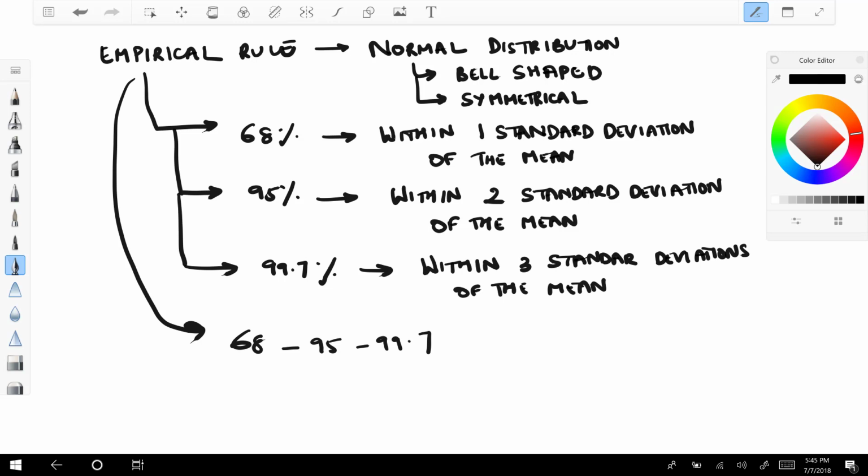So we will look at how this looks on a normal distribution.